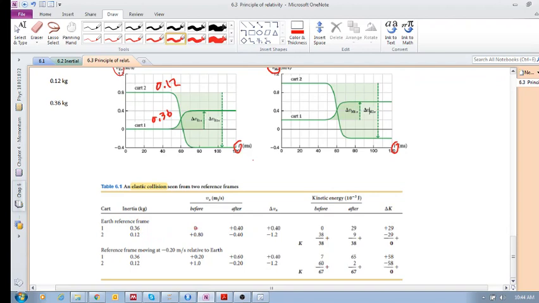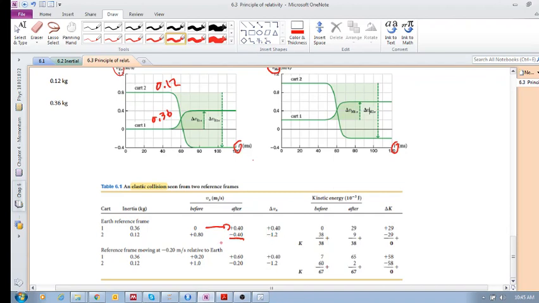It is 0 before interaction. After cart and cart 2 is 0.8. Okay, we're just reading it off there. They interact, and this one changes velocity, goes to minus 0.4, from 0.8 to minus 0.4. This goes from 0 to 0.4. Nothing unusual there. The delta V for cart 1 is plus 0.4, for cart 2 is minus 1.2.